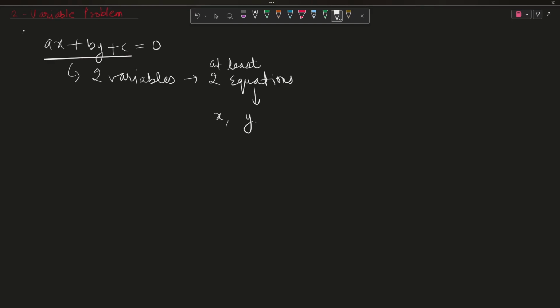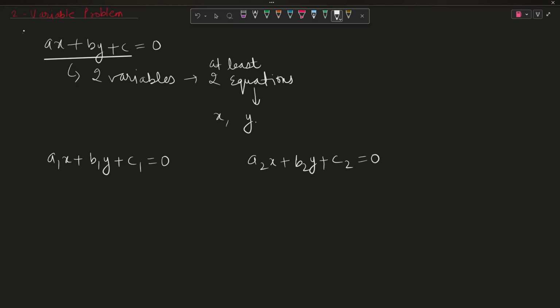Now there are many methods for solving such type of equations, like elimination method and substitution method, but the most underrated method is the cross multiplication method. Let's say we are having two equations, a1x plus b1y plus c1 is equal to 0, and a2x plus b2y plus c2 is equal to 0.